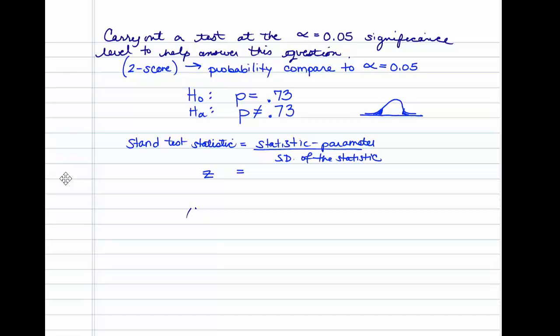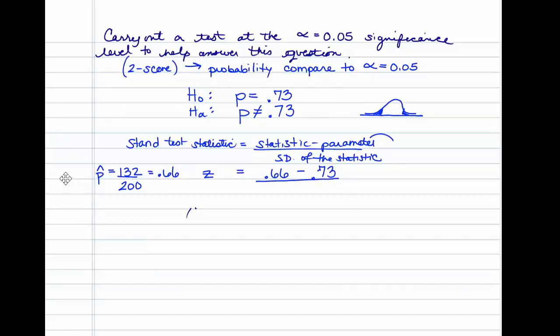The statistic is what happened in our sample, 132 out of 200. We talked about it a minute ago, wasn't that 0.66? So 0.66 is going to go in this spot. Parameter is what happened from the population, or what happened from the bigger picture, which is the national one, 0.73.